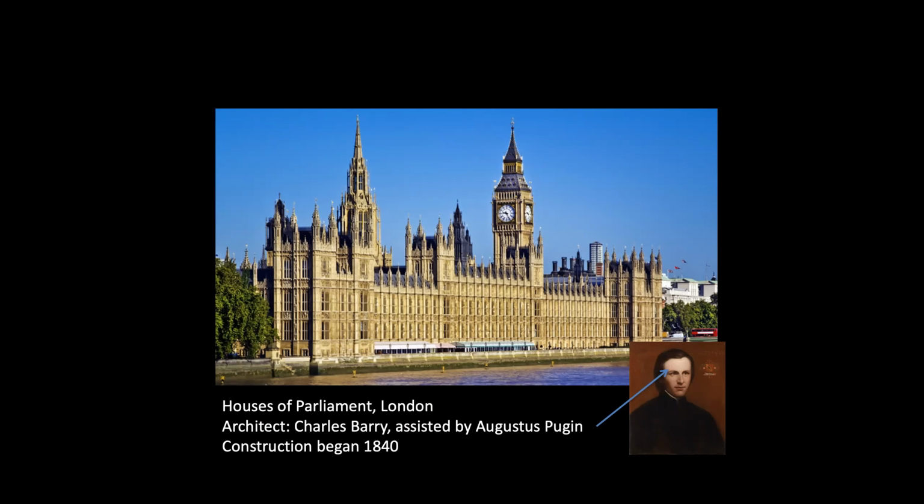So Parliament began construction in 1840. And Pugin was not just an architect, he was also an artisan and a draftsman and a writer. In 1841, Pugin published a book called The True Principles of Pointed or Christian Architecture.